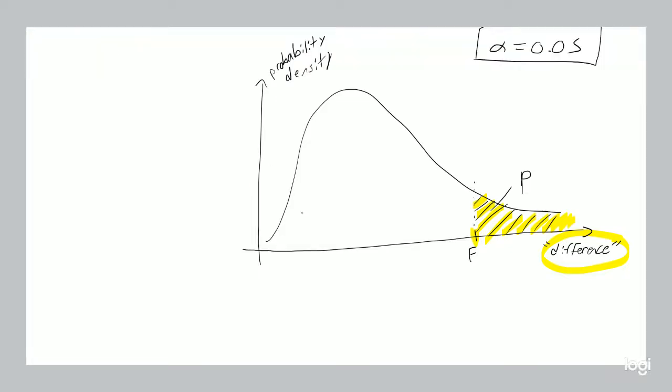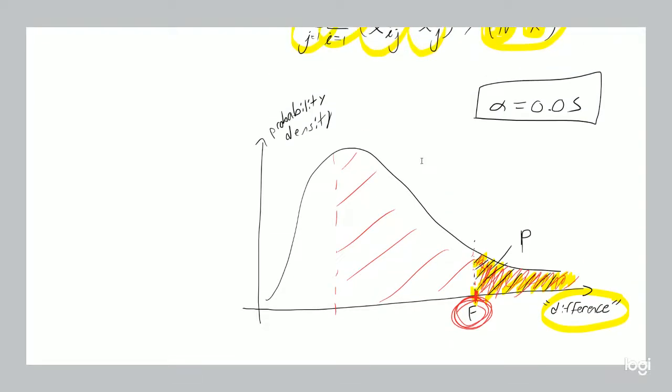If you have a small F value, which means not much of a difference, then there's a large area to the right, a very large probability of observing a small difference assuming the groups are the same on average. Whereas with a larger F value, the area to the right under the curve is smaller. So if you have a larger difference between your groups, there's a smaller probability of observing a greater difference if on average your groups are the same.